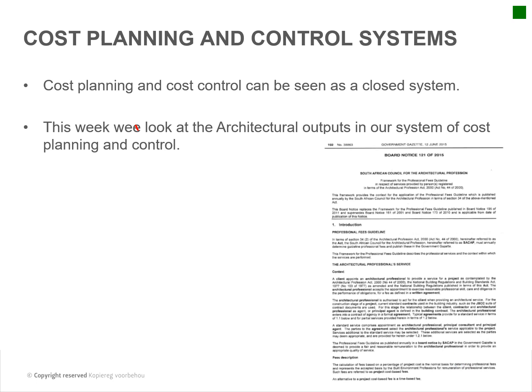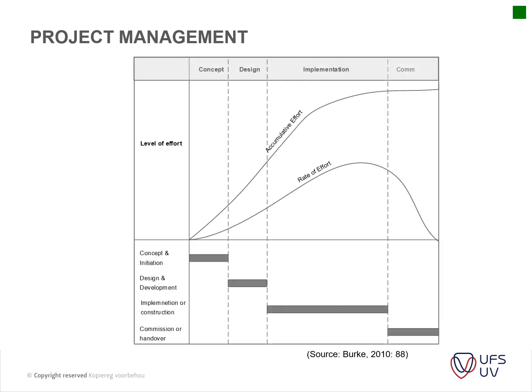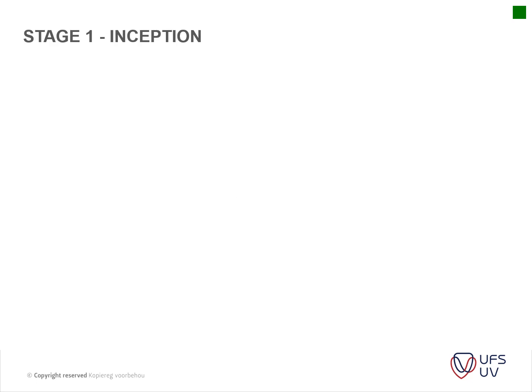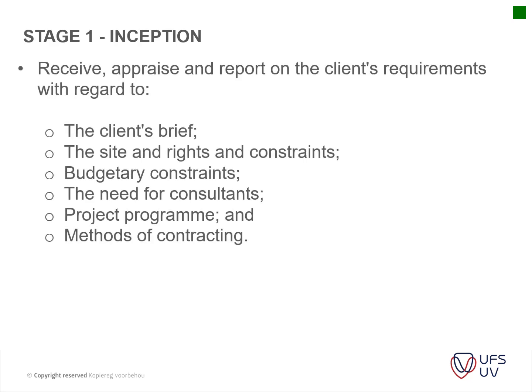Okay, and then we've got our architectural guideline or Gazette that I'm just going to run through, which is basically our 6 stages. So we've got our general project plan, and we've got our 6 stages up to our closeout, and then each stage has its different outputs from the architectural side, and all of this information influences what the QS can do.